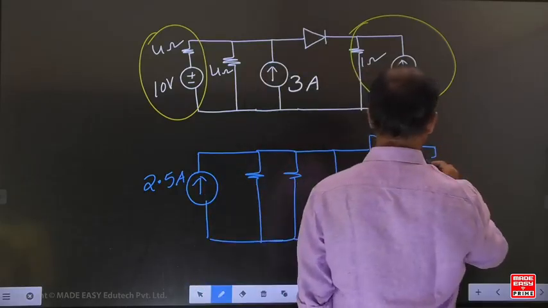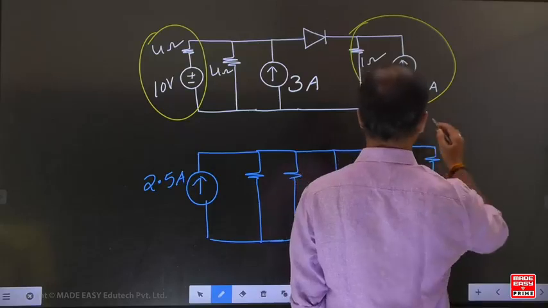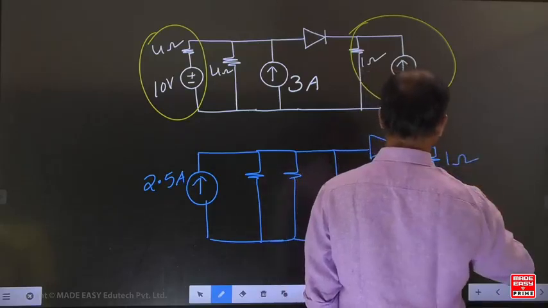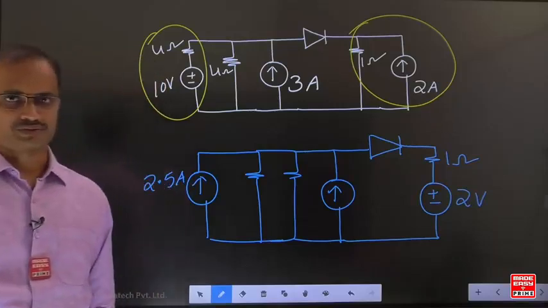Convert this current source into an equivalent voltage source. But the resistance is how much? 1. But the voltage is 2. Convert this current source into an equivalent voltage source.